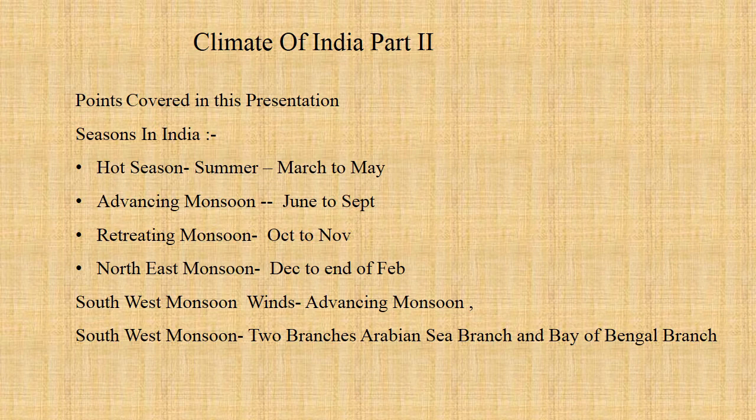The meaning of advancing monsoon is the beginning of the monsoon that takes place in the month of June. Southwest monsoon is divided into two branches, the Arabian Sea branch and the Bay of Bengal branch. So in today's presentation, we are going to study how these two branches move all over the country and give rain.